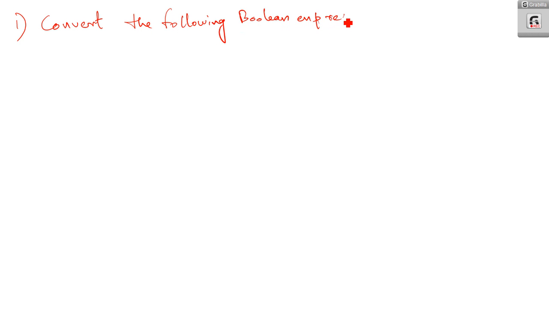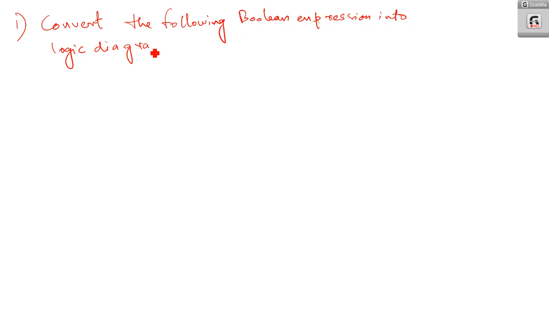So coming into first example, convert the following Boolean expression into logic diagram.